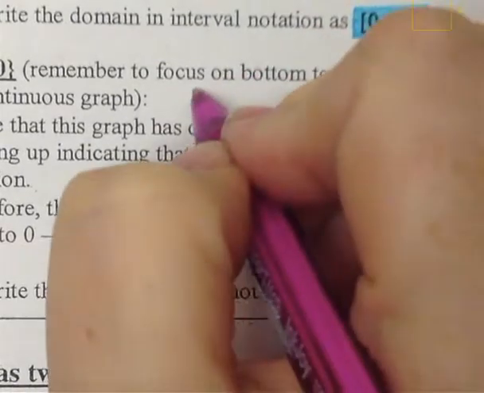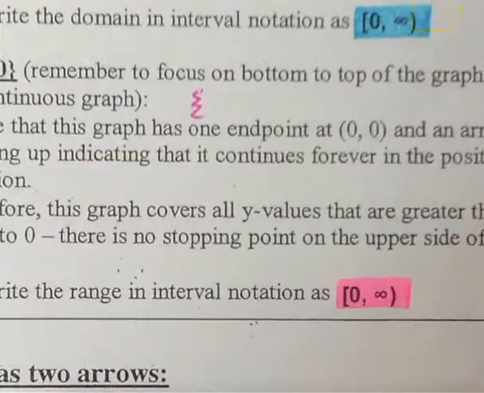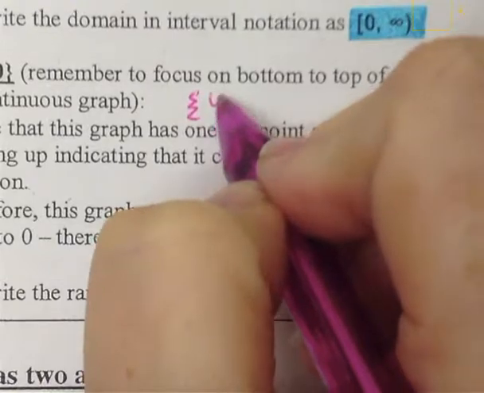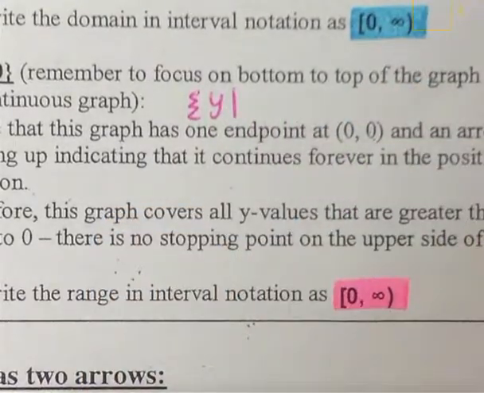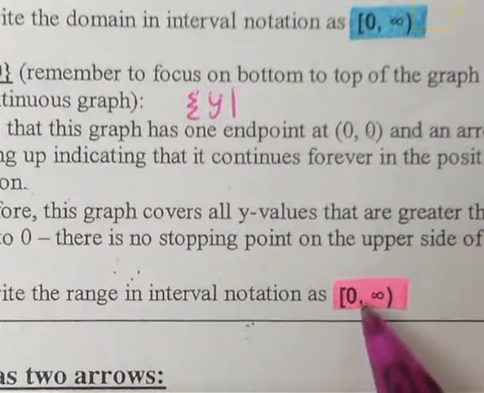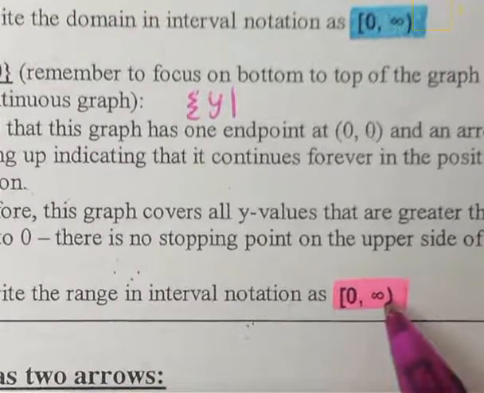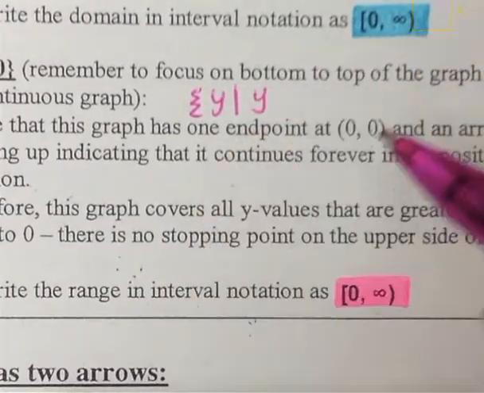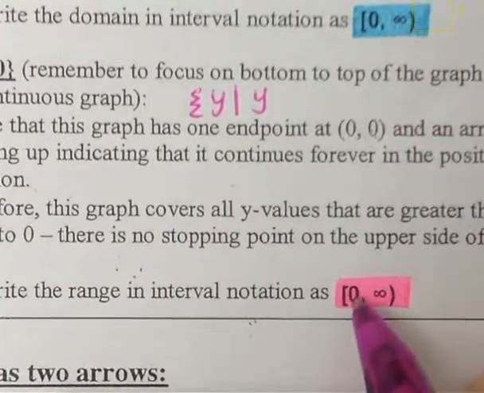To write this as set notation, I'll write it here. We'll have our squiggle bracket. I want my y's such that, because now I'm talking about my range. Again, because we have only one number and it goes forever in one direction, I'm only going to have one inequality. Therefore, I'll put my y's first. The only number we have that we know the value of is 0.